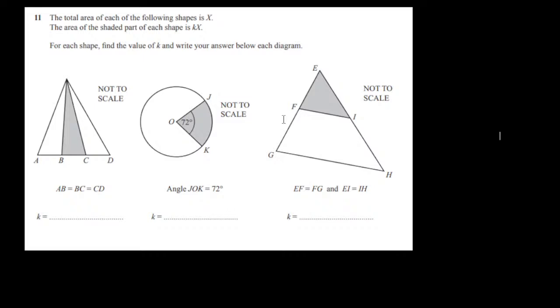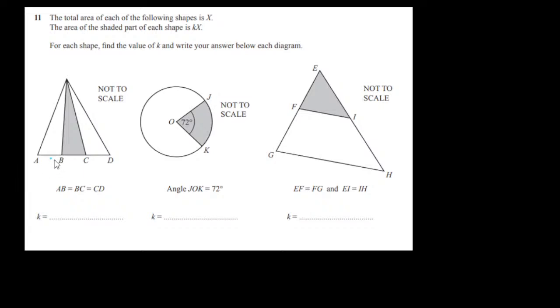We have to find k. Now here the first question, for this triangle, AB is equal to BC is equal to CD. As the total area is x, if I consider AB as, you can consider 1 unit also, it's your choice.